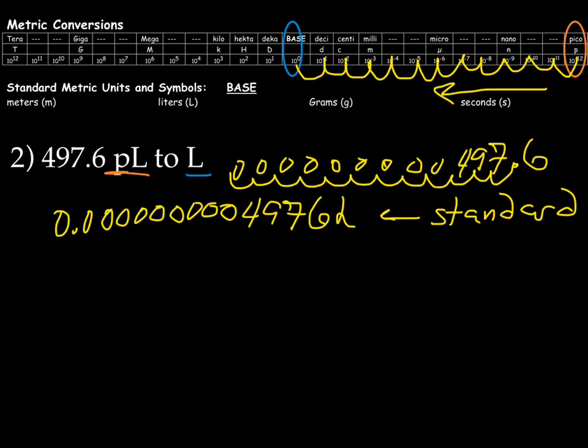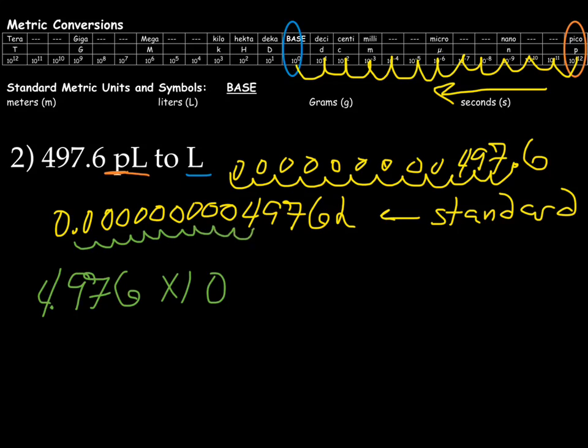Okay. Now let's try going to scientific notation. Remember, it needs to be one number in front of the decimal. The number needs to be between 1 and 9. So we'll end up with 4.976 times 10 to the, how many times do we need to move the decimal? 1, 2, 3, 4, 5, 6, 7, 8, 9, 10.